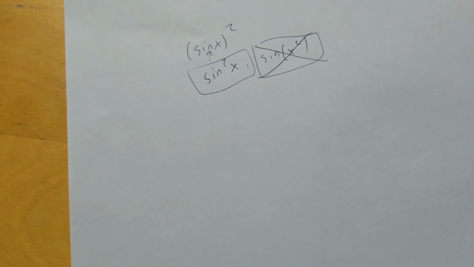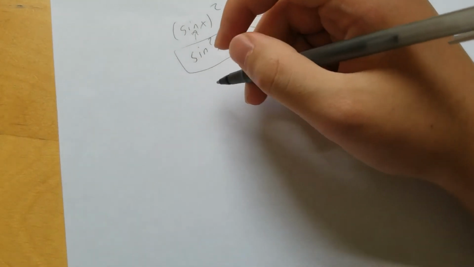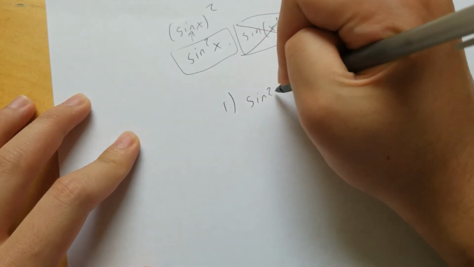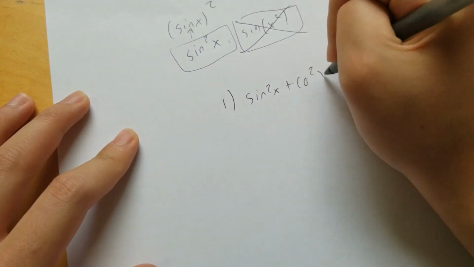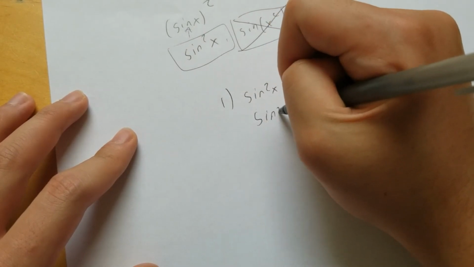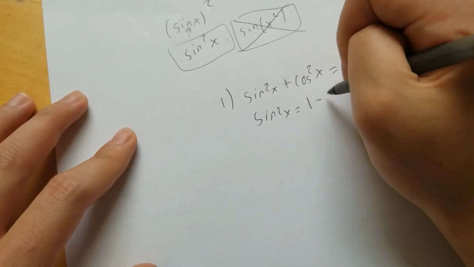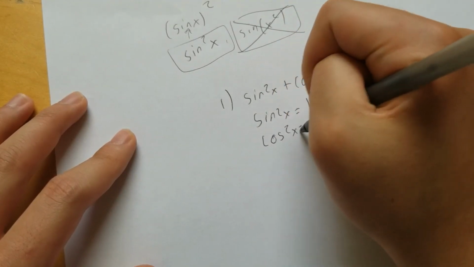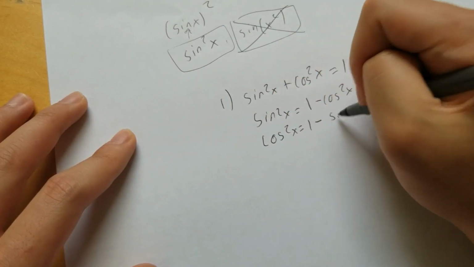Okay? So there are 5 main trig identities. 1, sine squared x plus cosine squared x equals 1. There's also sine squared x if you just manipulate the one above, and there's another with another manipulation.